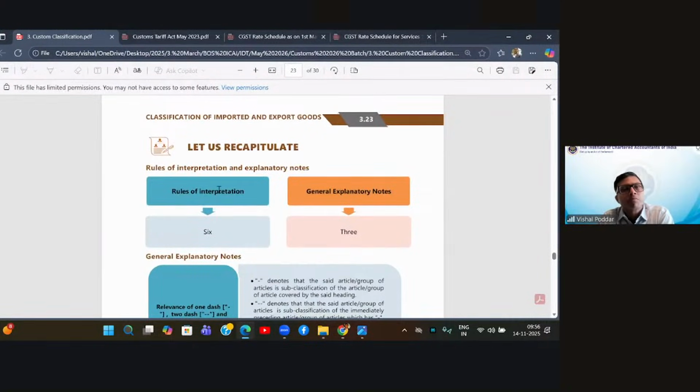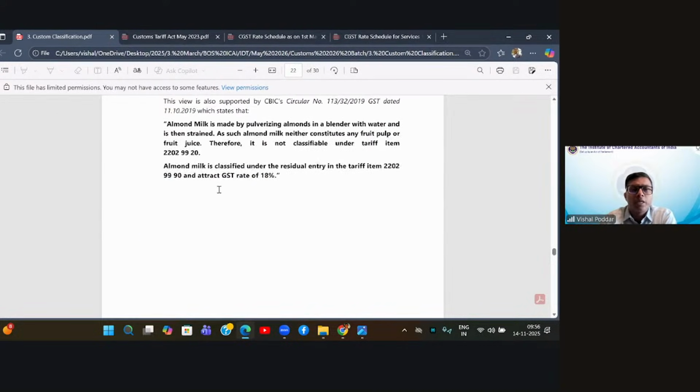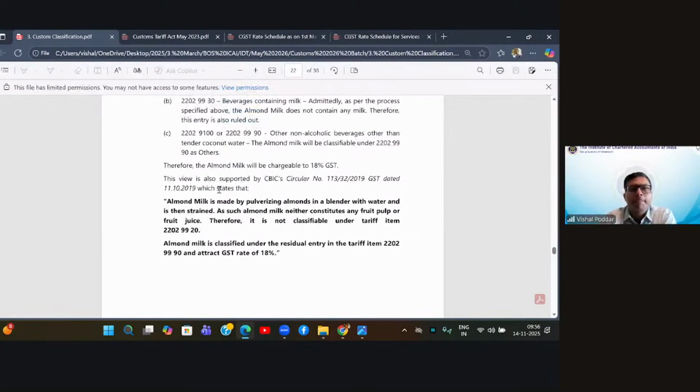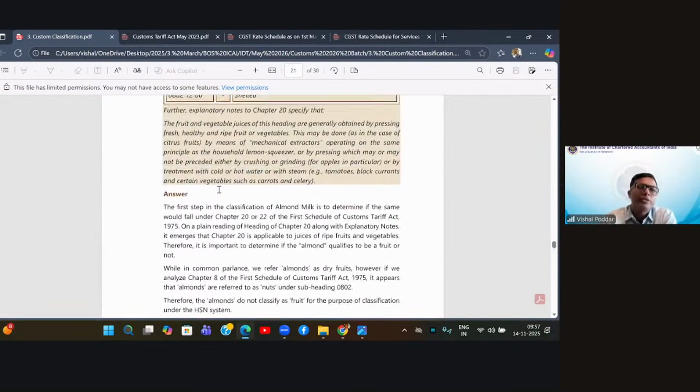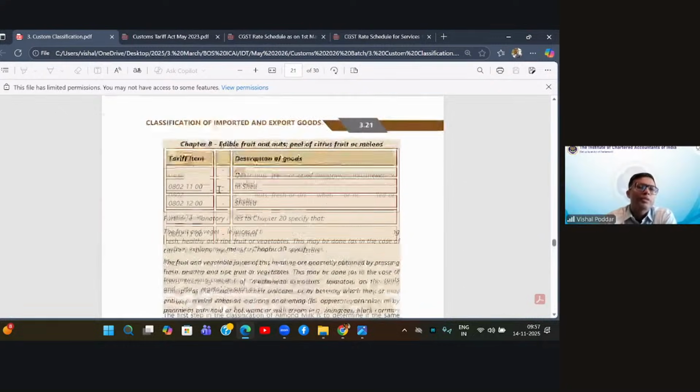So students, these are the different rules that help you in deciding how to classify your goods and how to determine what rate, what HSN code will apply. I hope you all have understood this. If anybody has a question, please feel free to ask. Request you all to please read this chapter in detail with all the examples.